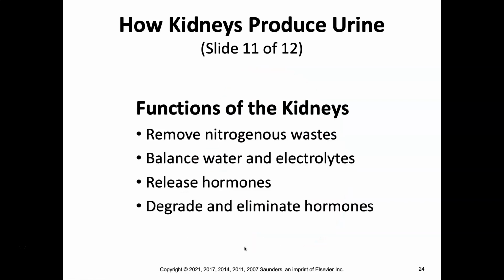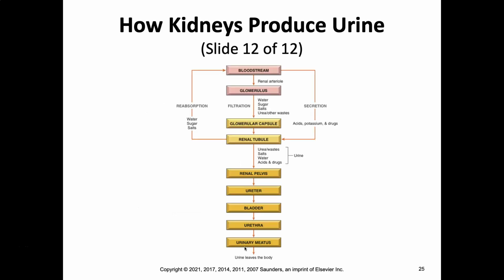It has its own. So we talked about how the functions of the kidneys were to remove nitrogenous waste, balance water and electrolytes, release hormones, and then degrade and eliminate the hormones that need that to happen to them. So let's take a look at this visual, and this is on page 208 in your book. We talked about the bloodstream.